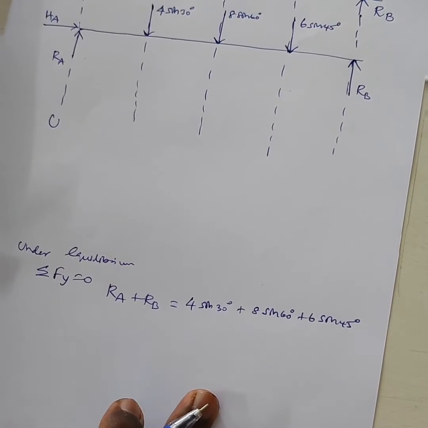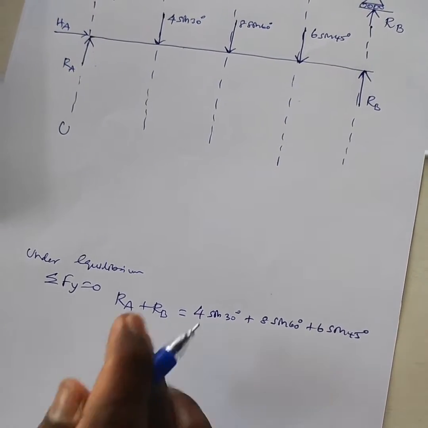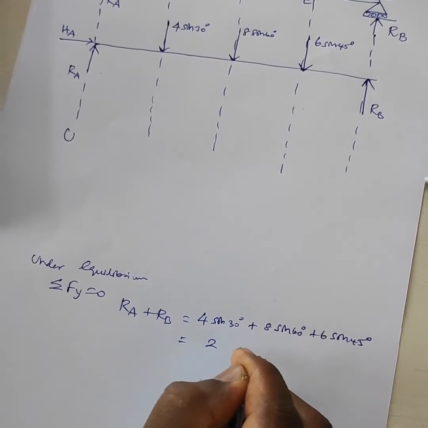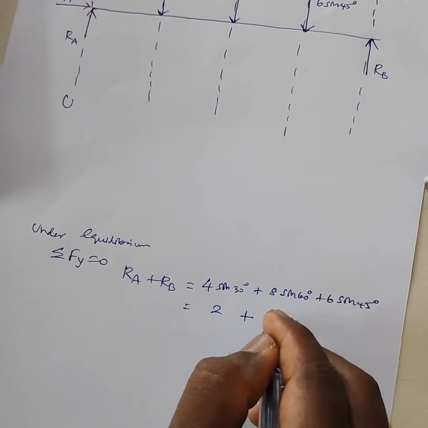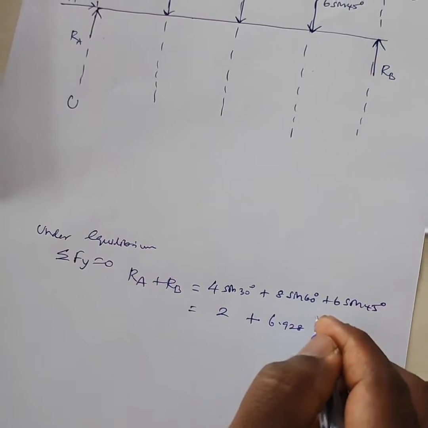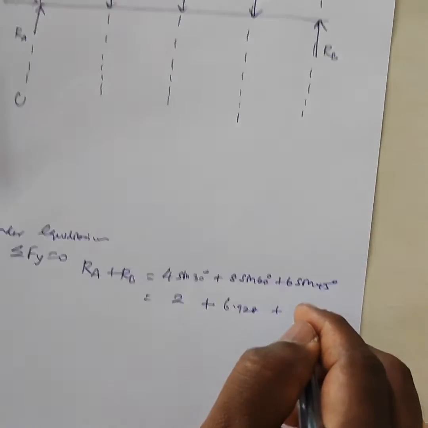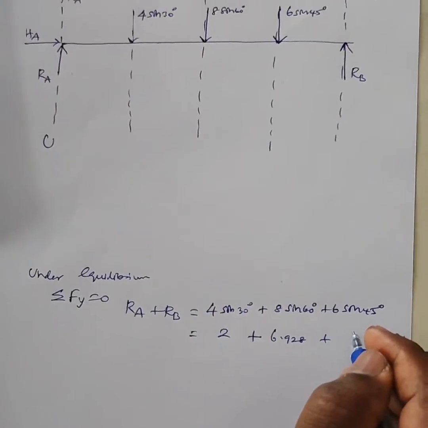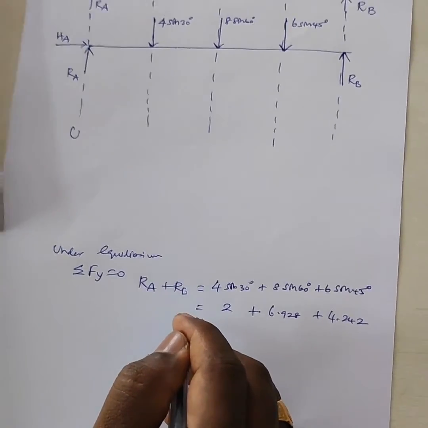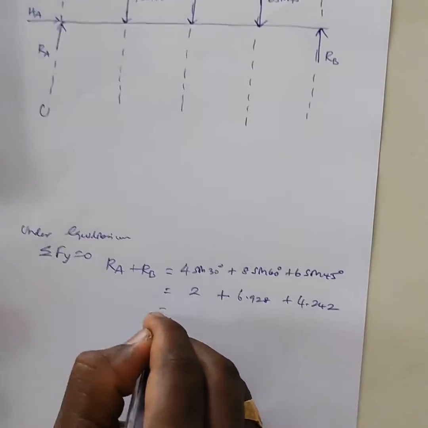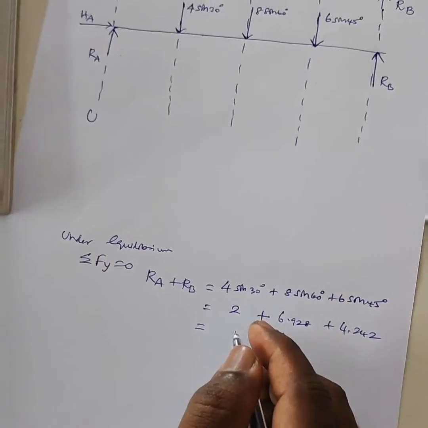Now we can formulate the equation by substituting the values. 4 sin 30 is 2 kN, plus 8 sin 60 is 6.928 kN, plus 6 sin 45 is 4.242. So this is resolving the forces in terms of RA plus RB.